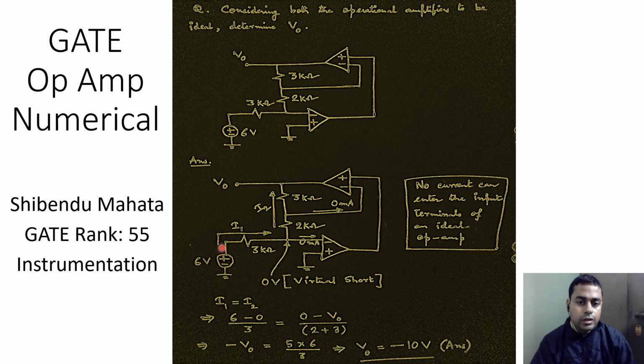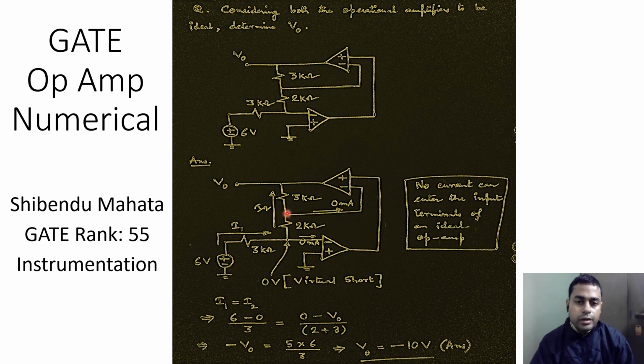So if this is the current I1 that is flowing through this 3 kilo ohm resistance, now it cannot go through this path because of the infinite input resistance that is offered by this op amp. So the only possible path is through this 2 kilo ohm resistance.